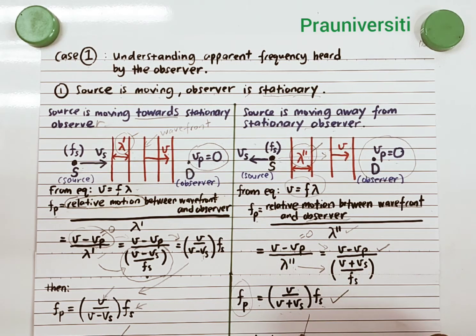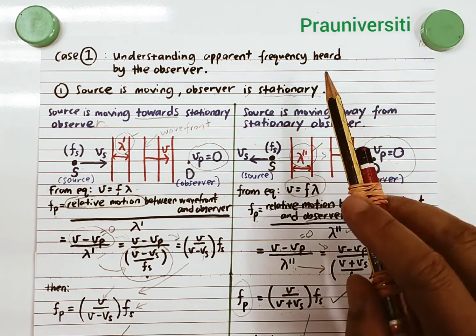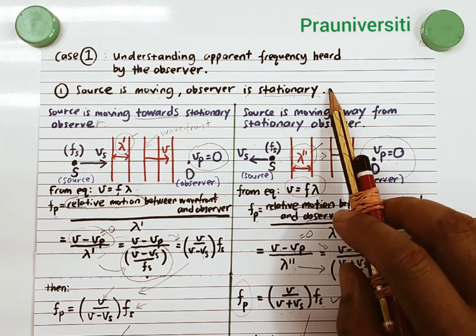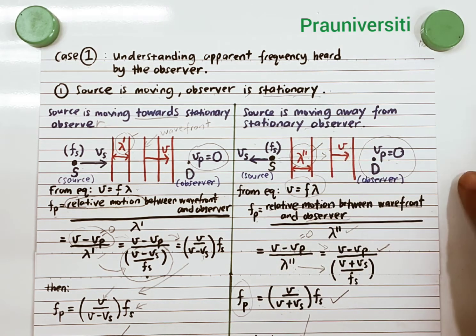Then we can see the conclusion: Fp is less than the original frequency. So in this case, the observer hears a lower frequency compared to the original frequency. That is case number 2, where the source is moving and the observer is stationary.